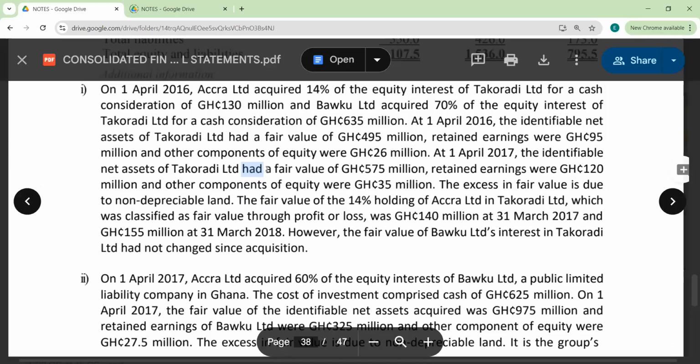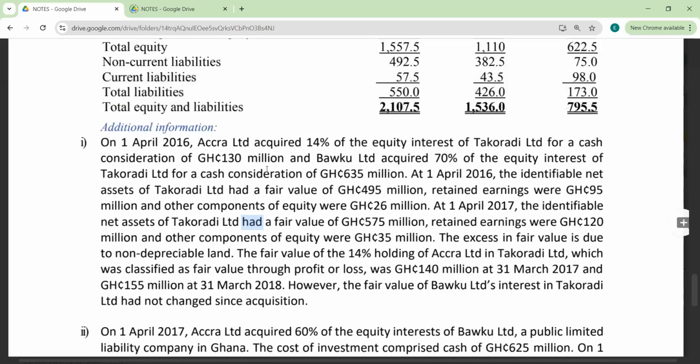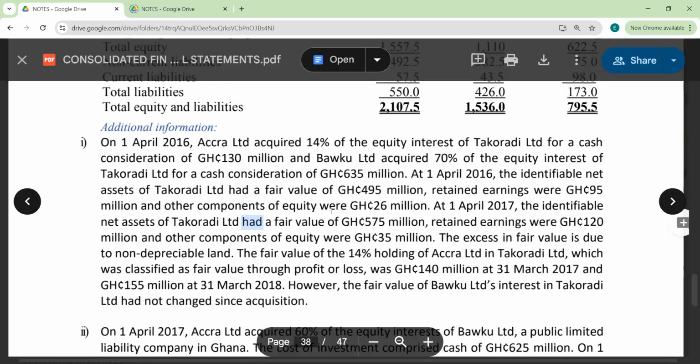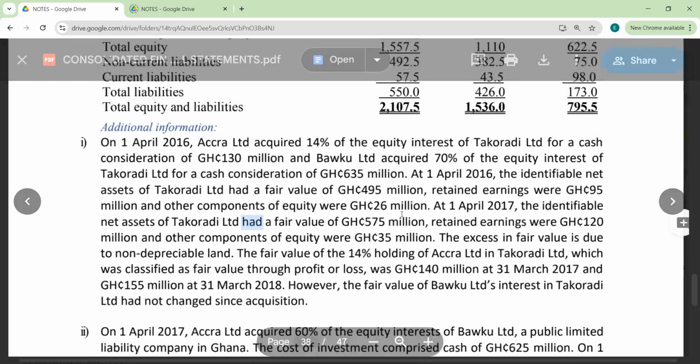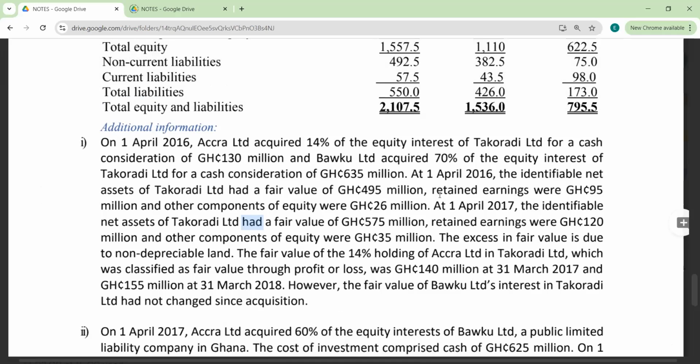The one paid by Boko. So how much did Boko pay? $635. Boko paid 635. Good. So Boko paid 635. I agree.